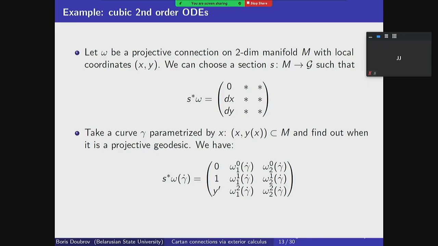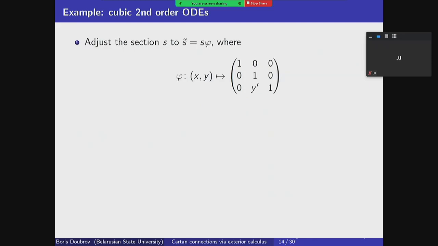As we discussed, we would now try to modify this section again to kill this slot at the bottom left corner of this matrix, to normalize the direction of our curve. To do that, we'll choose a section along the curve that looks like this.